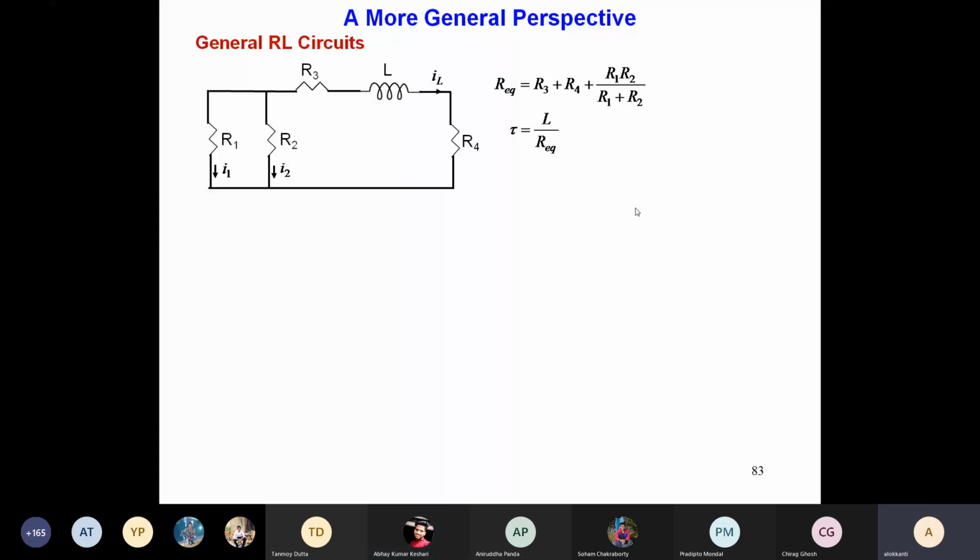If there is a problem with this type of circuit, you have to find the equivalent resistance and combine it with the L to find the time constant, and then go ahead.